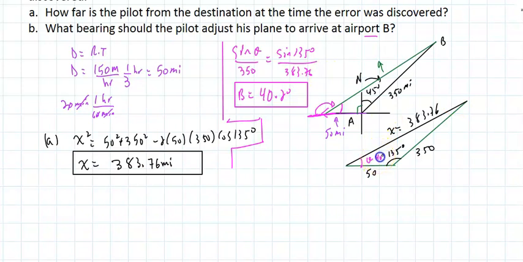If this is 40.2 degrees, shouldn't we go by 180 minus? So the bearing should be 139.8 degrees from the east toward the north.